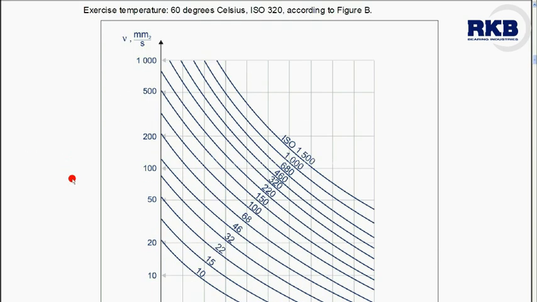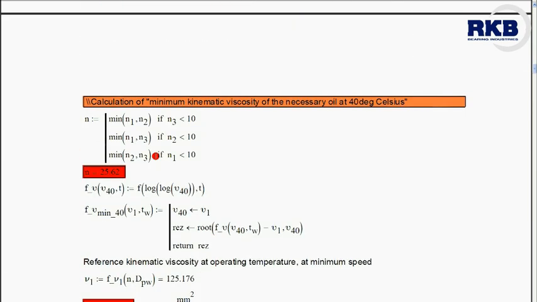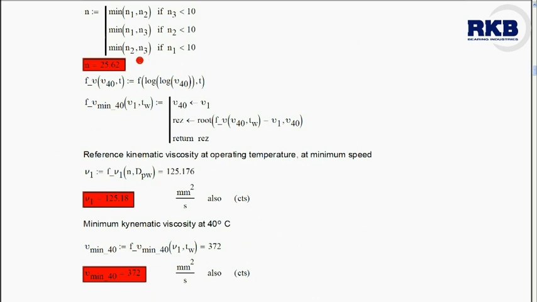Based on the same equation, we constructed a complex function which figures out the variation of the kinematic viscosity with temperature and according to the viscosity at 40 Celsius degrees.